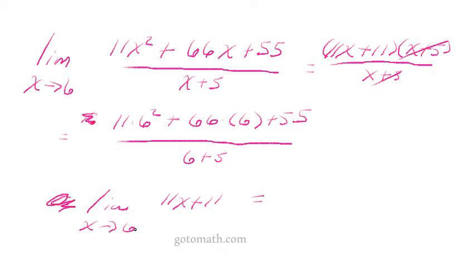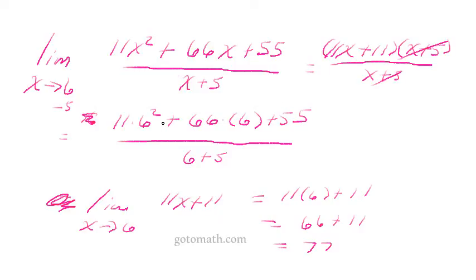If I were to plug this 6 in now, we get 11 times 6 plus 11, so 66 plus 11, which is 77. So if this were actually a negative 5 down here, with x approaching negative 5, this is what we'd end up doing.